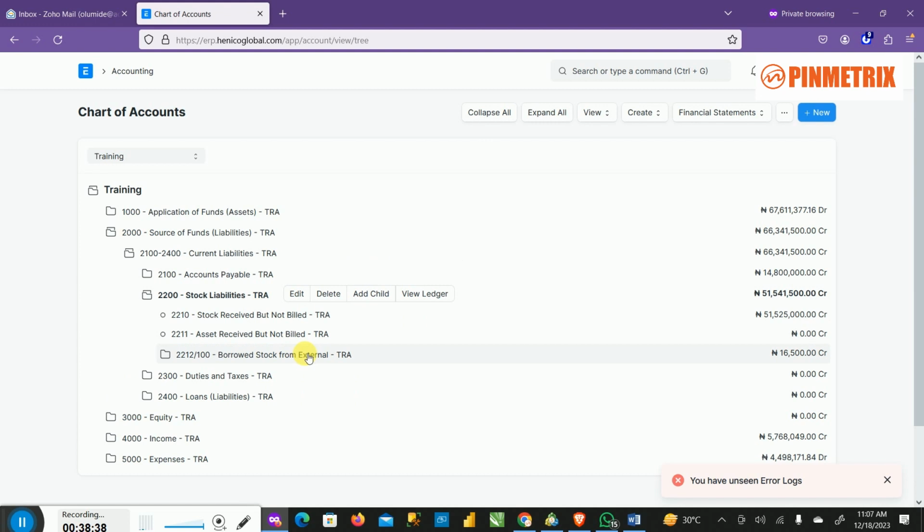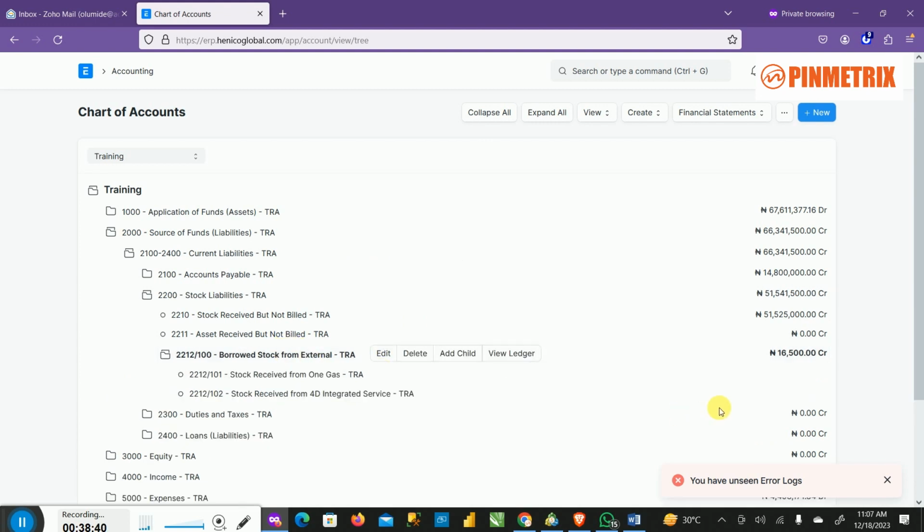So I expect the holding, you can see. So this is the entry, which is actually very good for us. It's showing that you are holding this product.